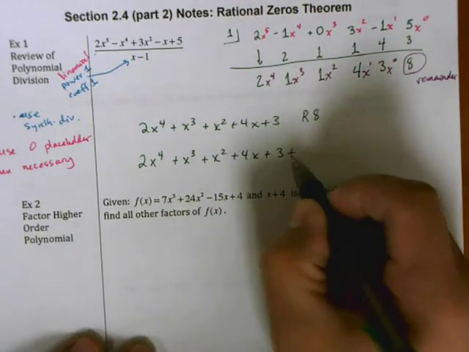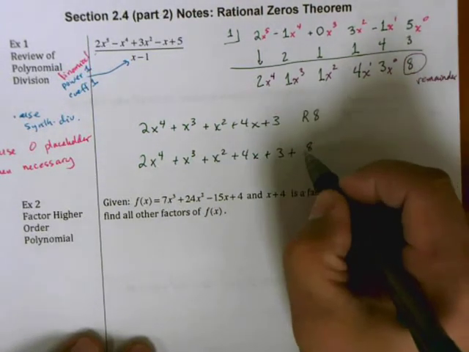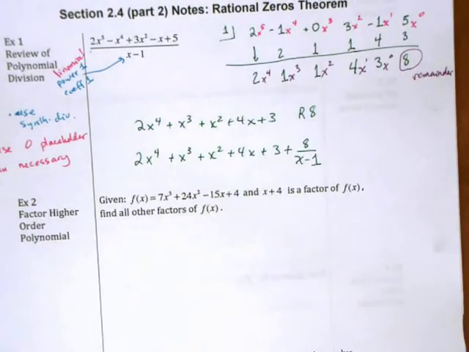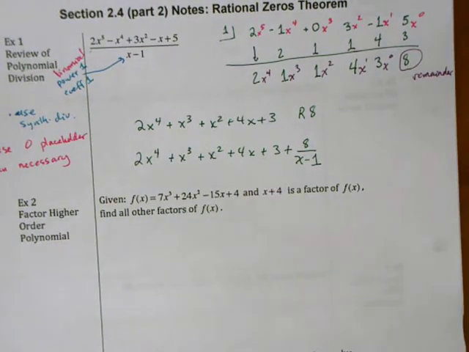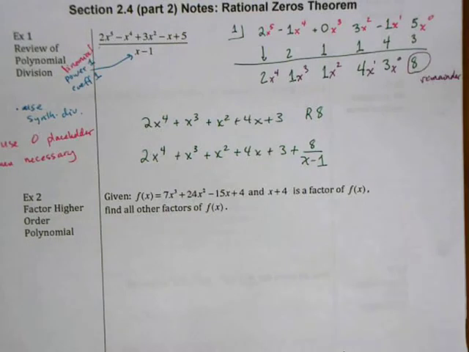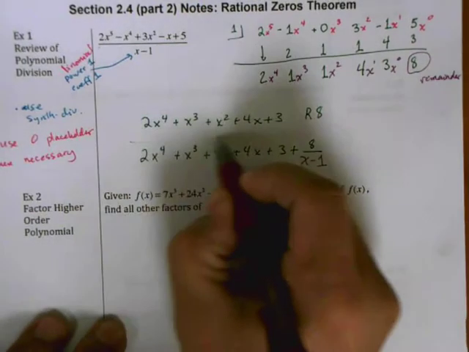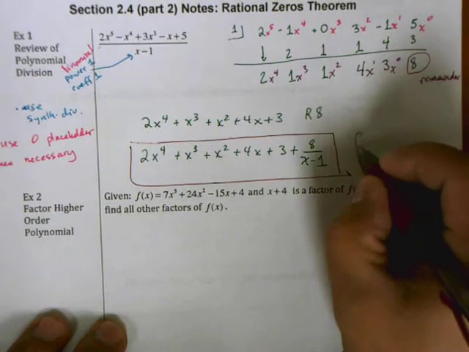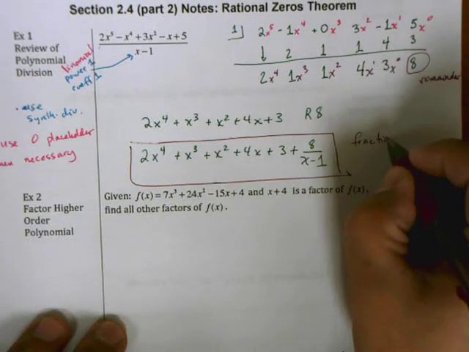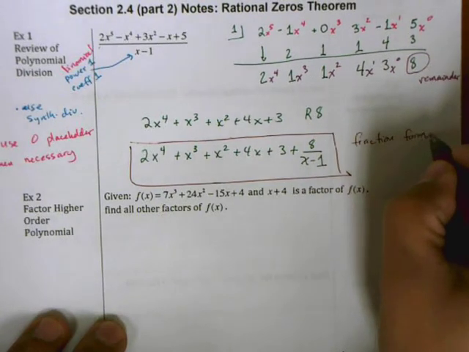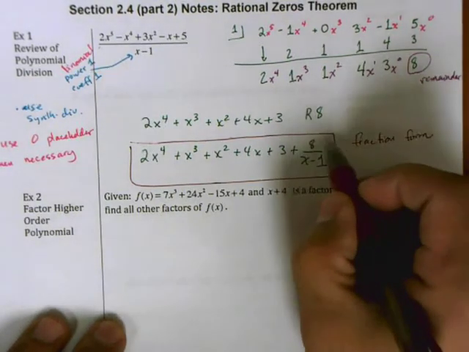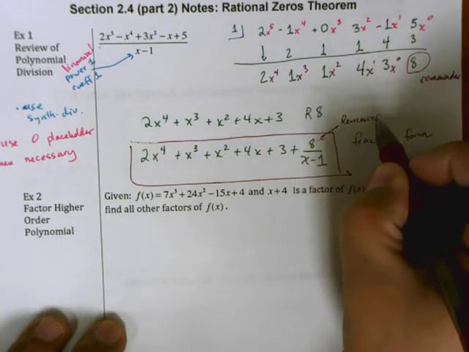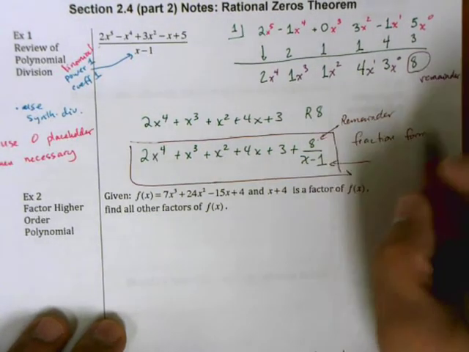Plus 3 plus 8 over x minus 1. Okay? So this second form right here, this is called fraction form. And what this does is it puts the remainder over the divisor.